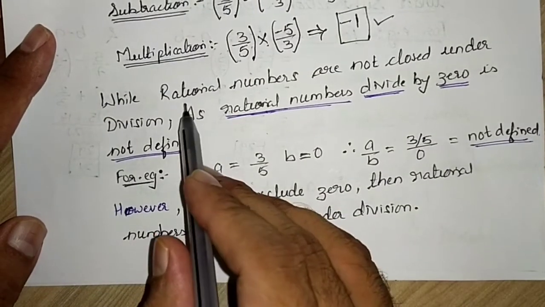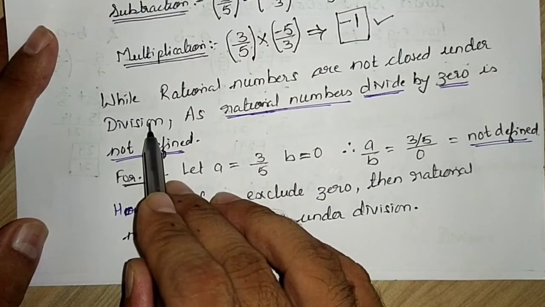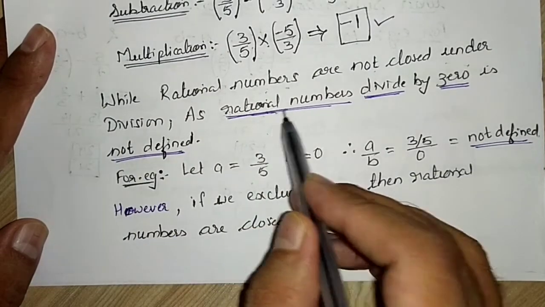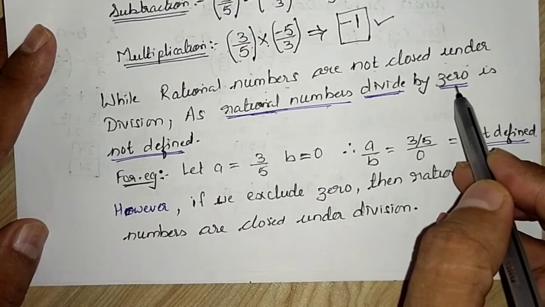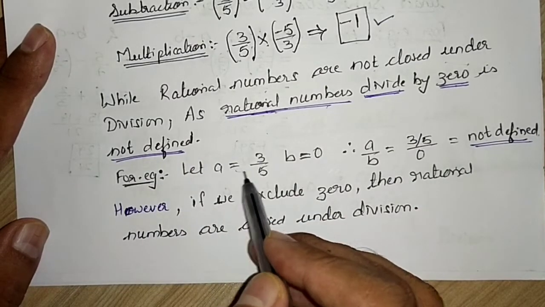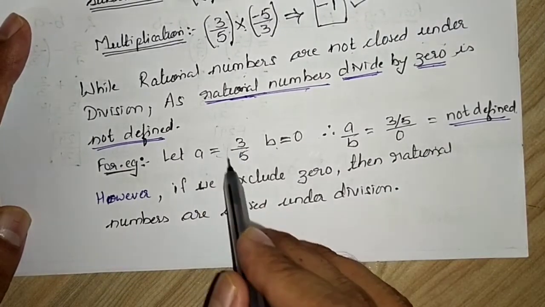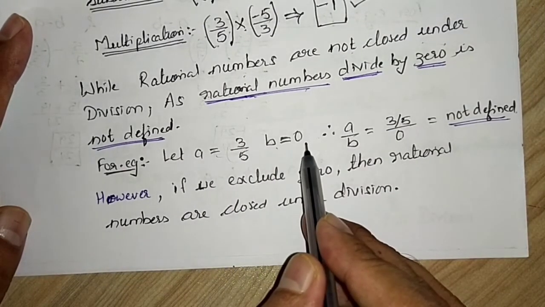Well, rational numbers are not closed under division, as a rational number divided by 0 is not defined. Any number, if I divide by 0, it is known as not defined. Let a be equal to 3 by 5 and b be equal to 0.